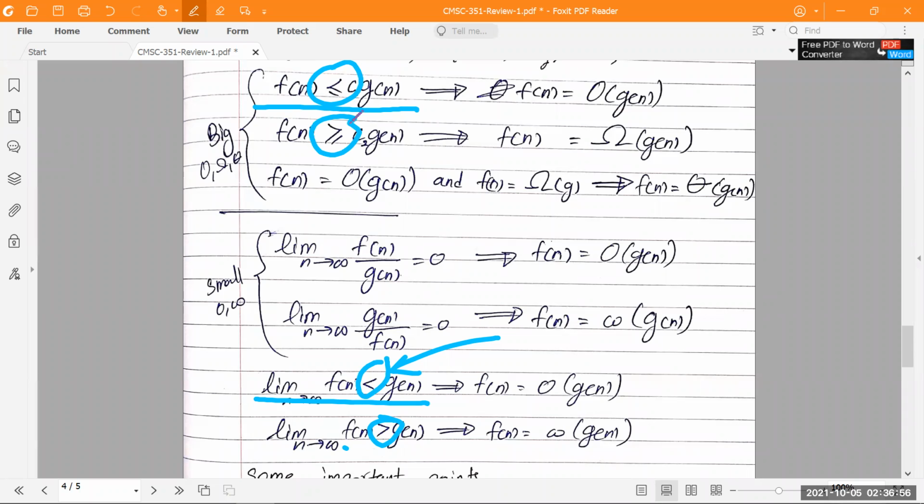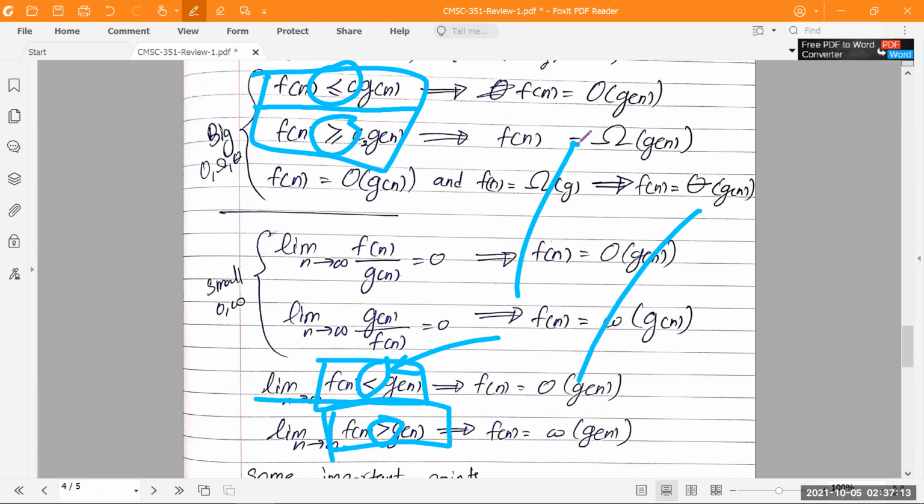Even something that's equal can be here, but something should be definitely larger than to be here and definitely smaller than to be here.